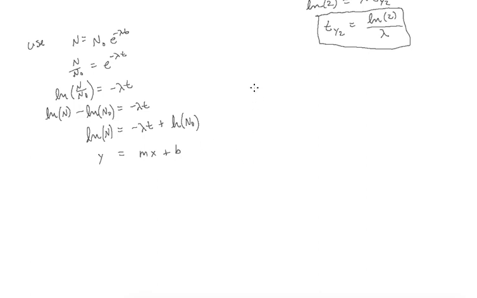But then if we go to graph this, we have a negative slope and a y-intercept of the natural log of n naught, right? So if we graph natural log of n versus time, we should get a negative slope.